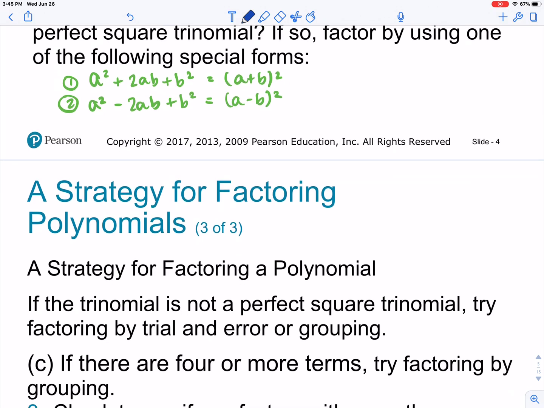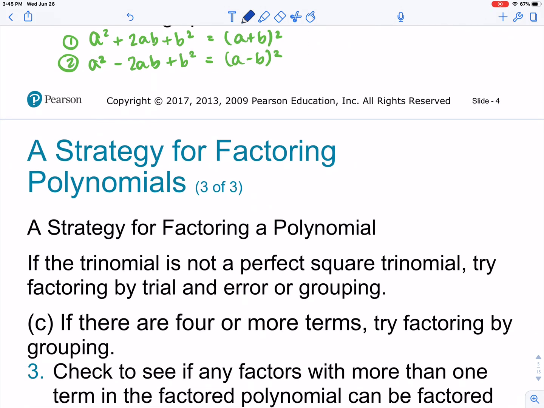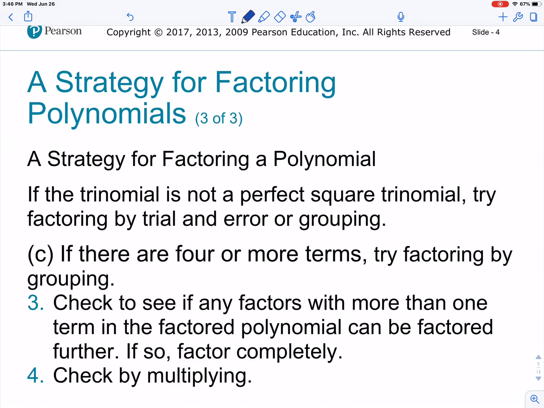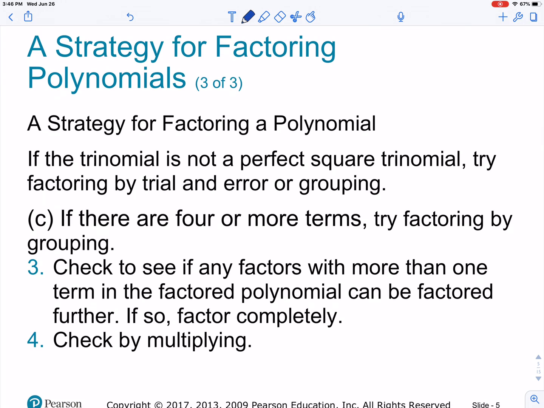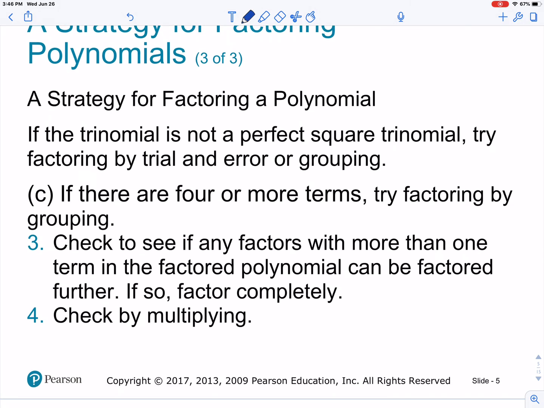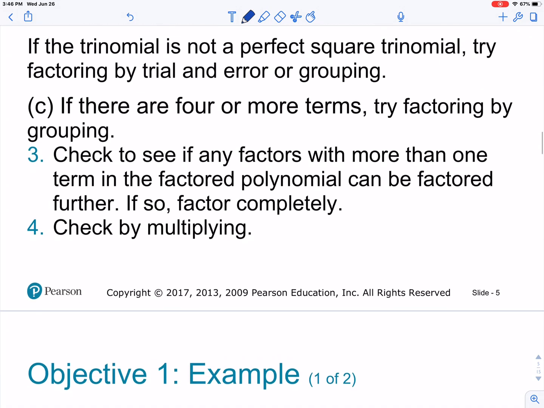If the trinomial is not a perfect square trinomial, try factoring by trial and error or grouping. Remember, that's where we can use the Kung Fu method, or we can just try the grouping method. If there are 4 or more terms, try factoring by grouping. Check to see if any factors with more than 1 term in the factored polynomial can be factored further. If so, factoring is not complete. And you can always double check yourself by multiplying it back out.